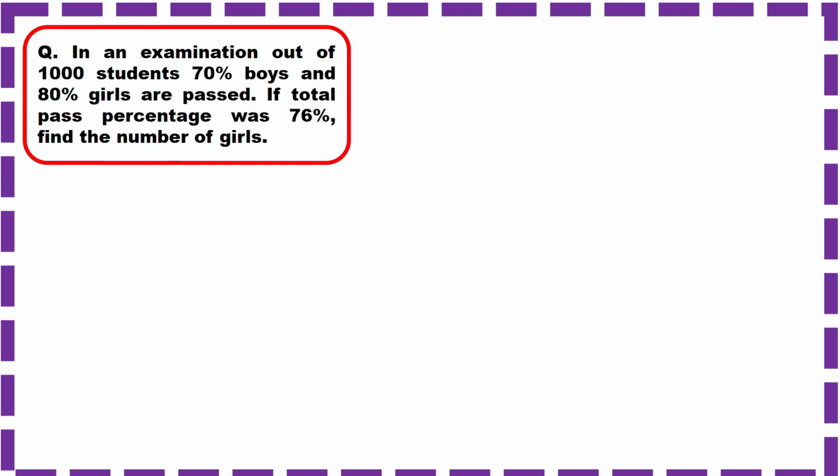In an examination, out of 1000 students, 70% boys and 80% girls passed. If the total pass percentage was 76%, find the number of girls. So we have 70% boys and 80% girls. This is the lowest value, this is the highest value, so we are taking them on the left hand side and right hand side respectively.